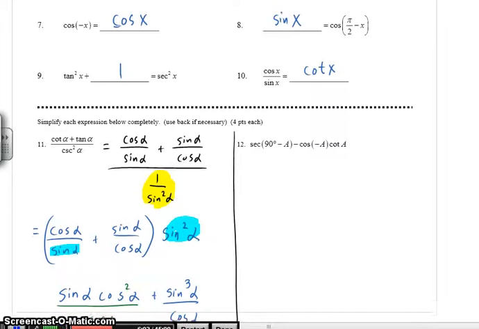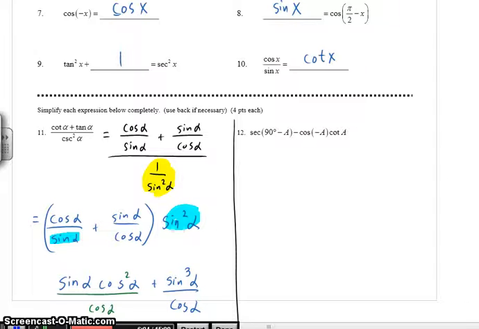First thing is you needed to basically use the co-function identity that secant of 90 degrees minus a is just the cosecant of a. Some of you didn't know that, and that made it very difficult to continue. Minus, well, I'm going to use the fact that cosine is odd to change this to the cosine of a times the cotangent of a. Now let's change all this into sine and cosine.